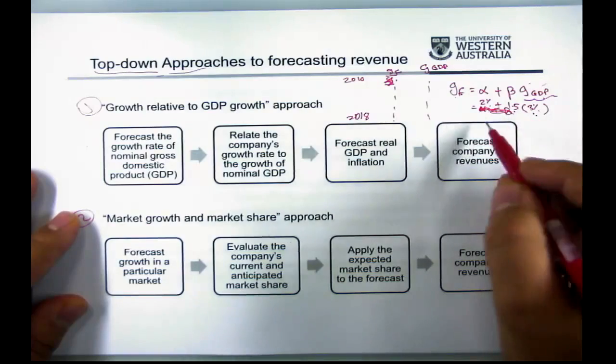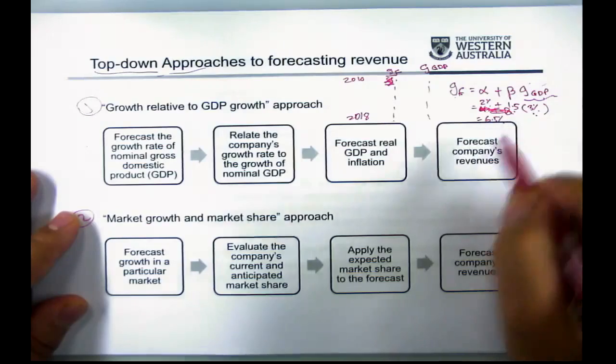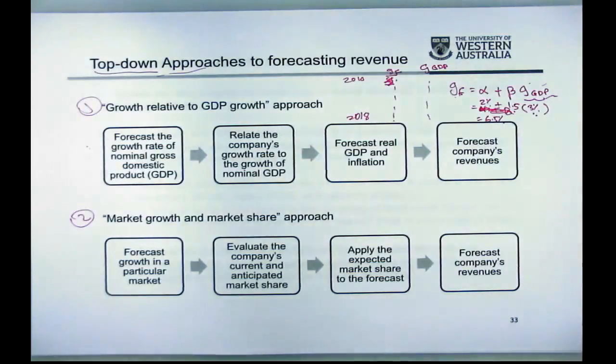Plus 2, this is how much? 6.5%. So we can use this as a proxy for the growth rate of the firm's sales. Make sense? Is it okay? Okay.